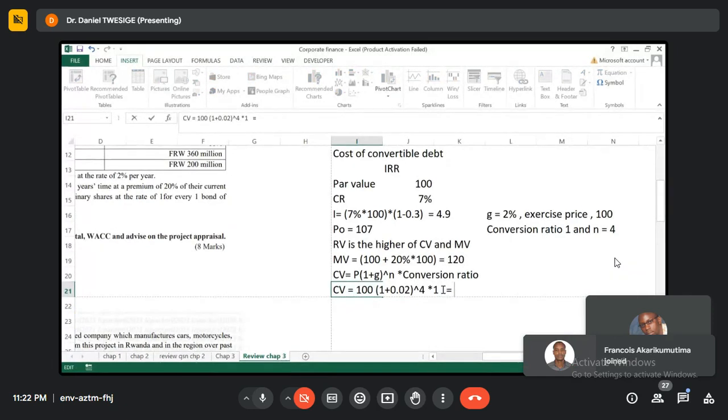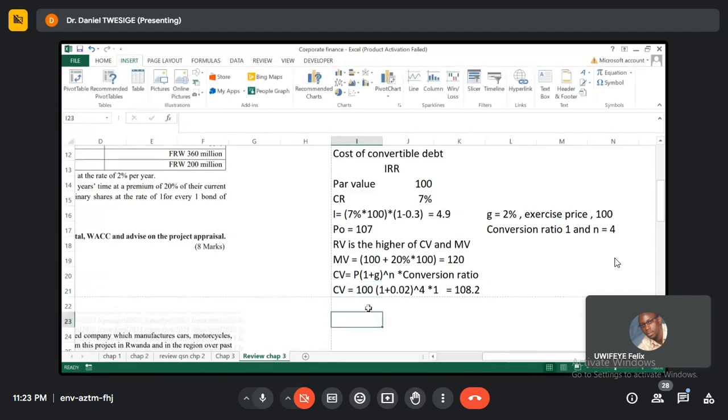It's 108.2. So it means, which one are you going to take now? We are taking a market value. Seriously? Yeah, it is better than 120. 108. I'm going to take 120. You are taking 120. Yes. So we now put in our items.